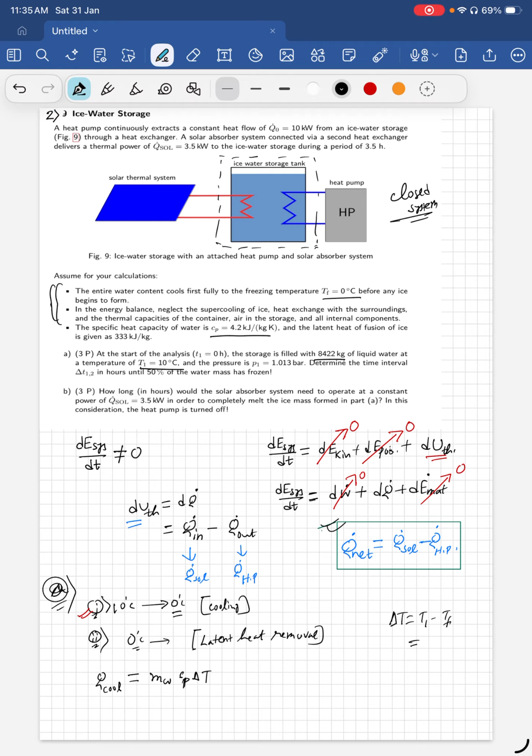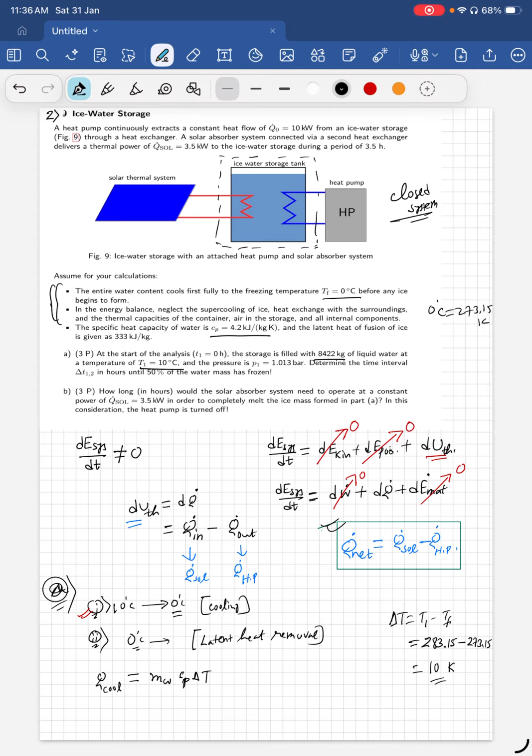You can convert it to the Kelvin scale, because that will help with our unit calculations. So 283.15 minus 273.15. We know that 0 degrees Celsius means 273.15 Kelvin. So the temperature drop will be 10 Kelvin.